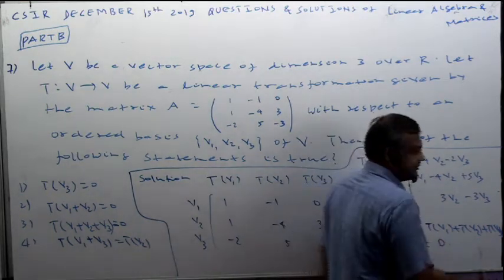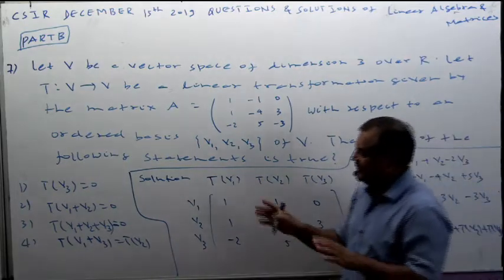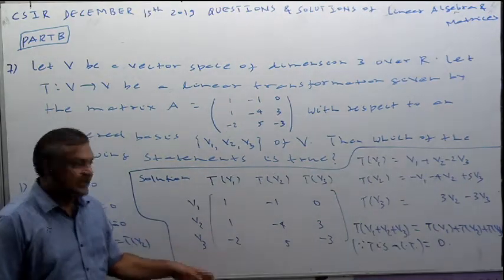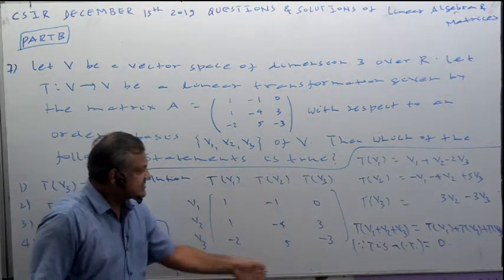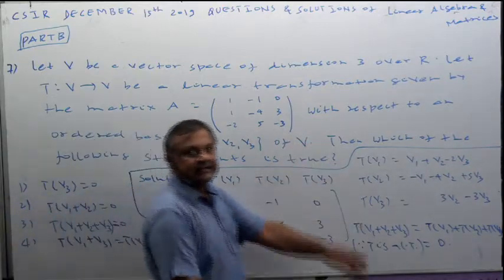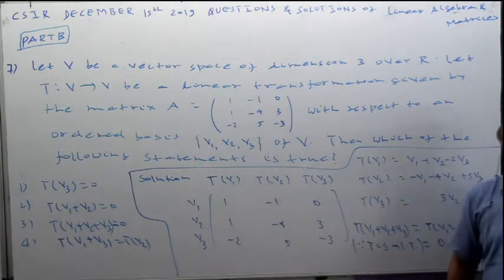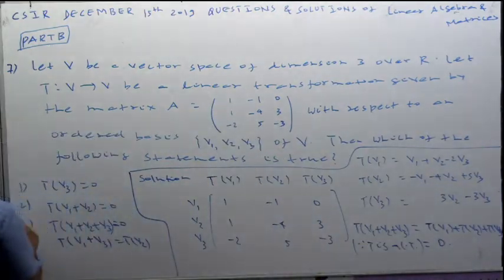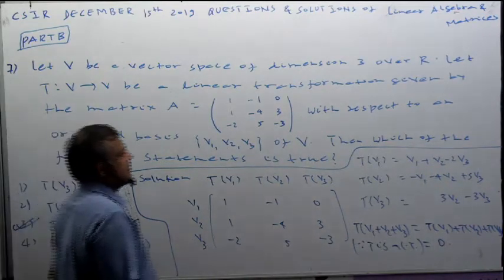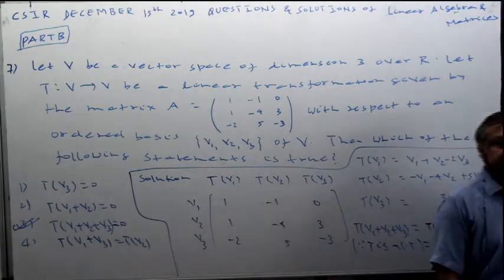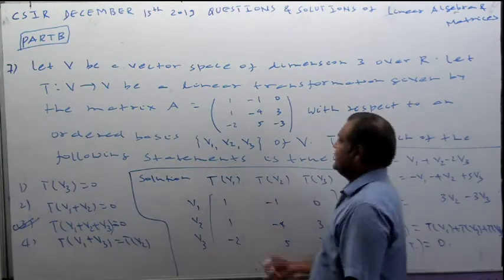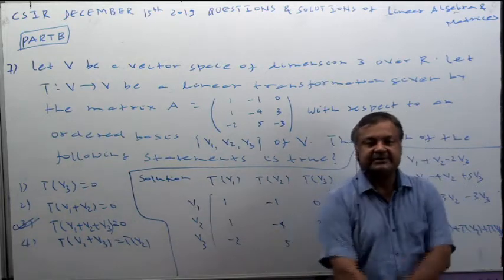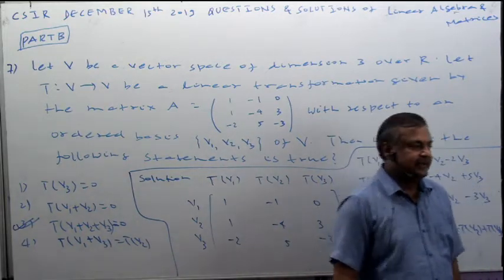So that is equal to 0. You can evaluate anything, but if you are punctual, you can directly say from the matrix that 1, 1, minus 2, their sum is 0, their sum is 0, their sum is 0. Directly write that T V1 plus T V2 plus T V3 will sum to 0. Save your time in the examination hall, please. So here the third option is correct. Without writing anything on the question paper or on rough page, you can say that their sum is 0. So T of V1 plus V2 plus V3 is 0. Are you happy?